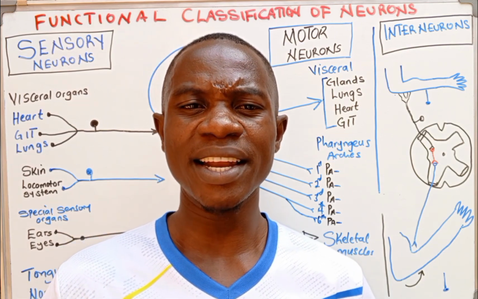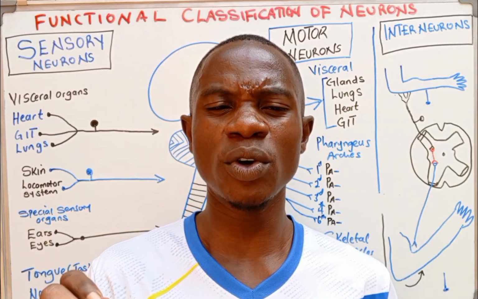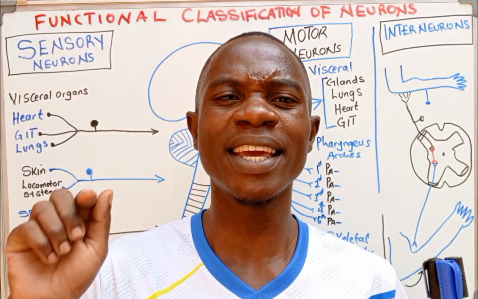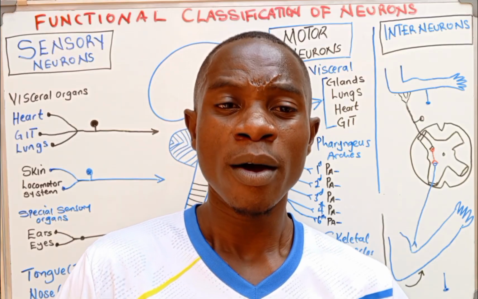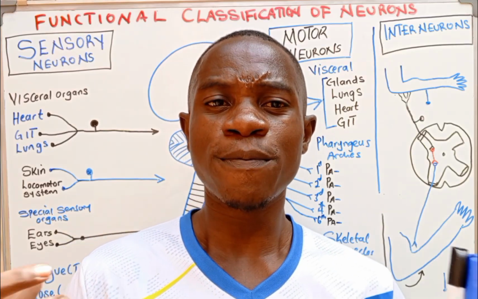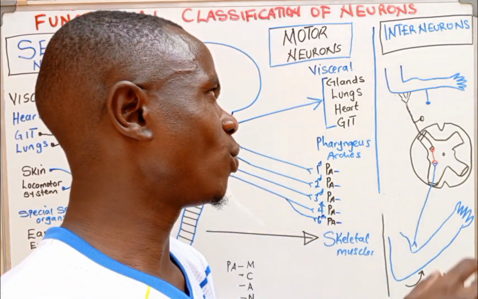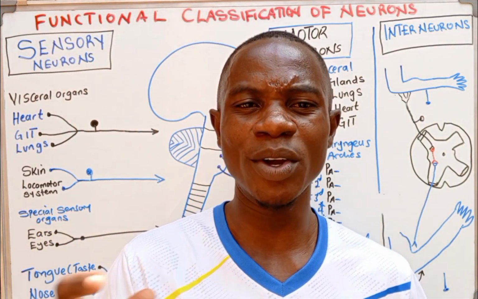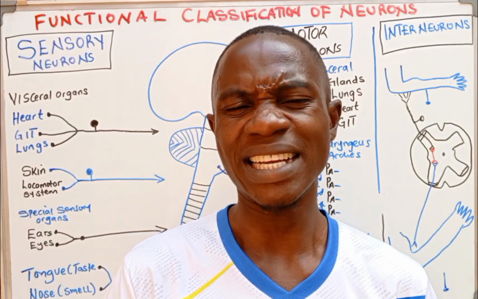They are going to be carrying the command, or the information that is going to be stimulating different parts of the body. They carry the command from the central nervous system to the far effectors. And then the interneurons are going to be connecting the motor and the sensory neurons, as simple as that.